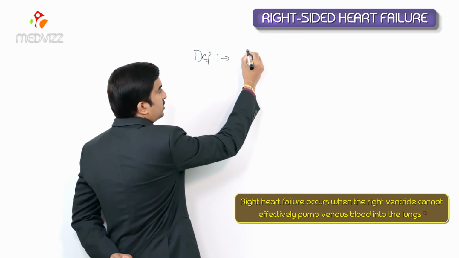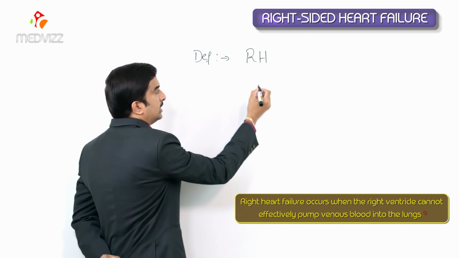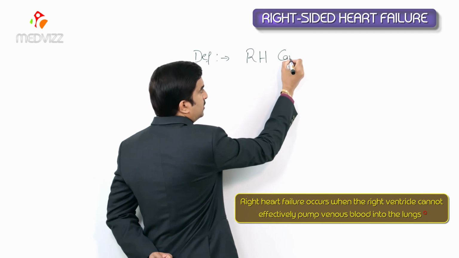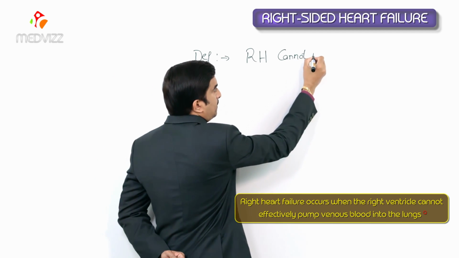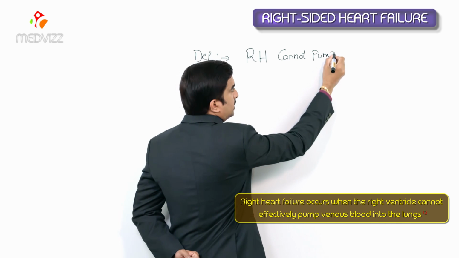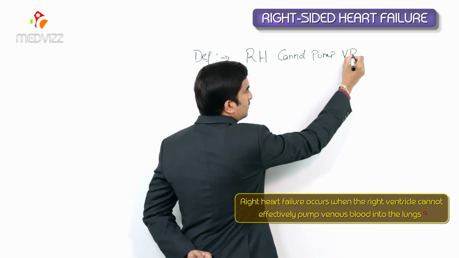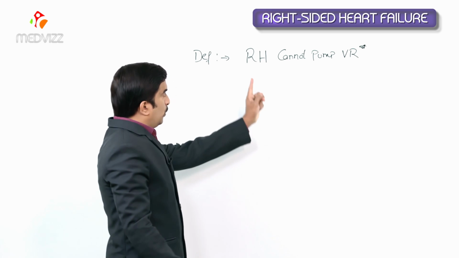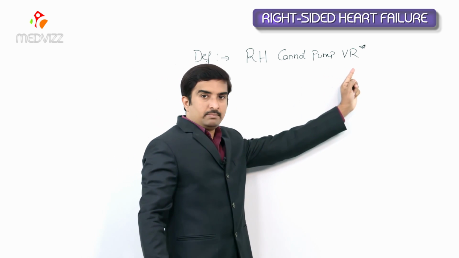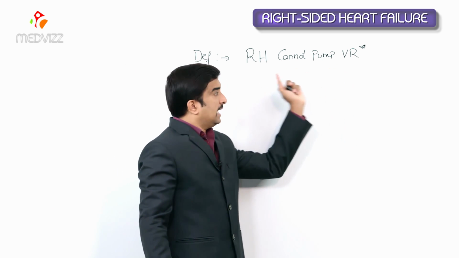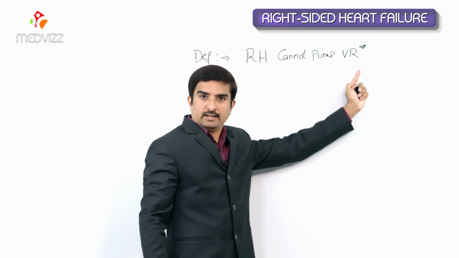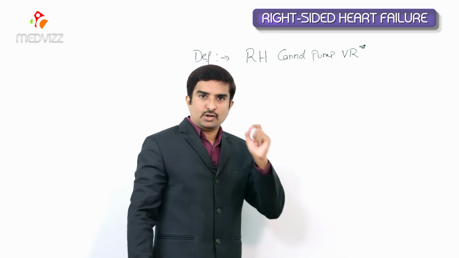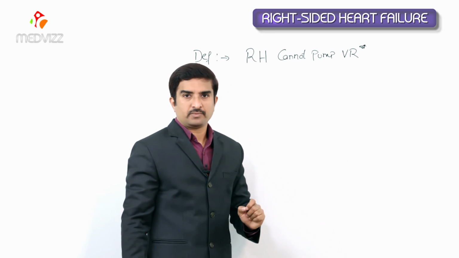The right heart cannot pump its venous return. This is an important MCQ point to be noted. Whenever the right heart cannot pump its venous return effectively into the lungs, it is called right-sided heart failure.